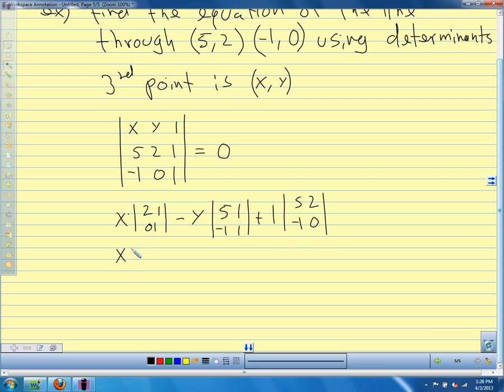So for this, I get x times 2 times 1 minus 0, so I get 2 times x, minus y times 5 times 1 is 5, minus negative 1 is 6, plus 1 times the determinant here, 5 times 0 is 0, minus negative 2 is 2, and that has to equal 0. So my equation is 2x minus 6y plus 2 equals 0. And that would be my equation of my line.